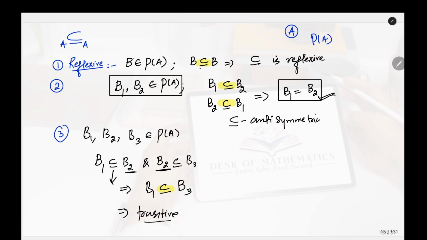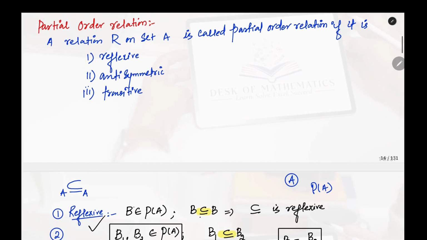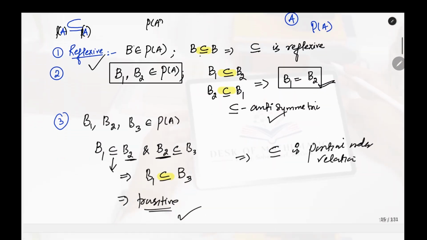So this subset relation is reflexive, antisymmetric, and transitive, so this relation on the power set is a partial order relation. This relation is defined on the power set of A, P of A to P of A. This is how we show a partial order relation.